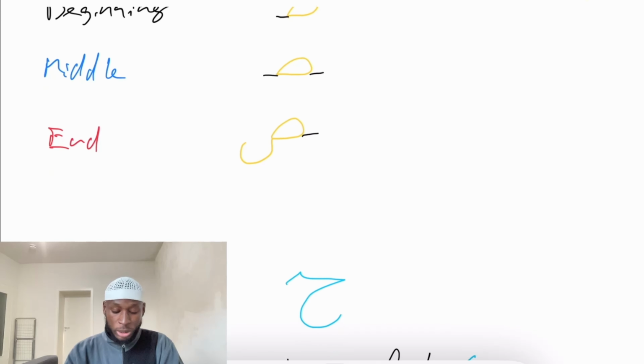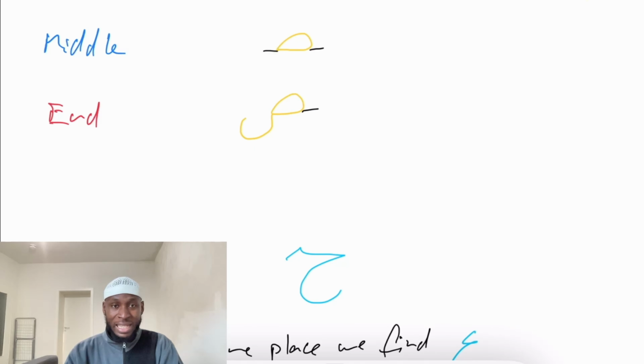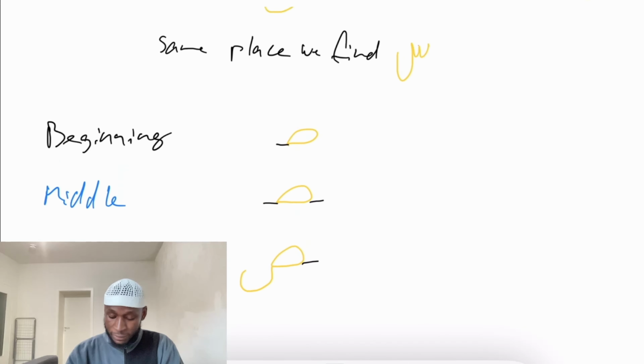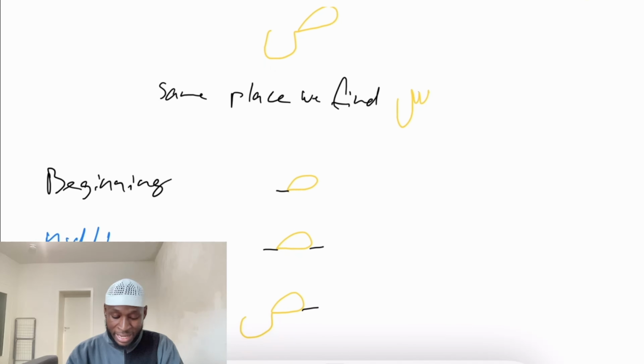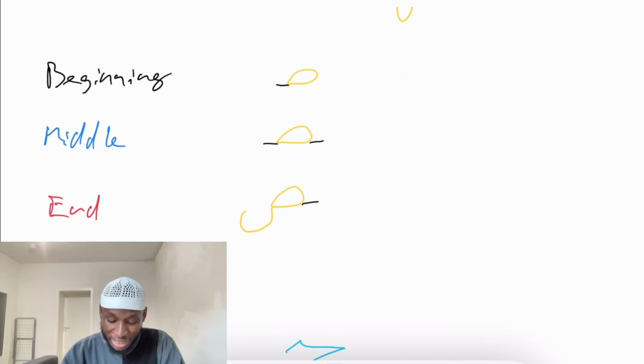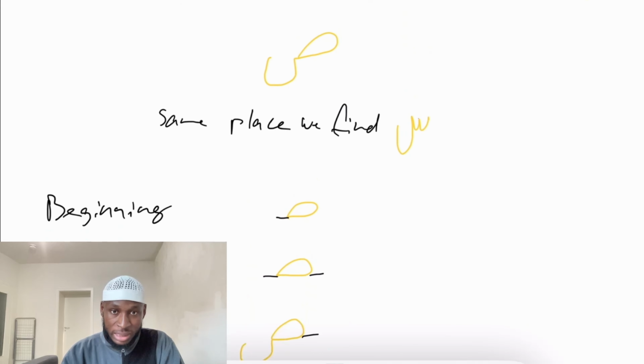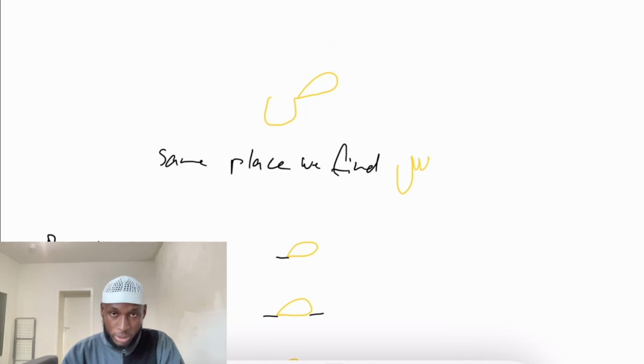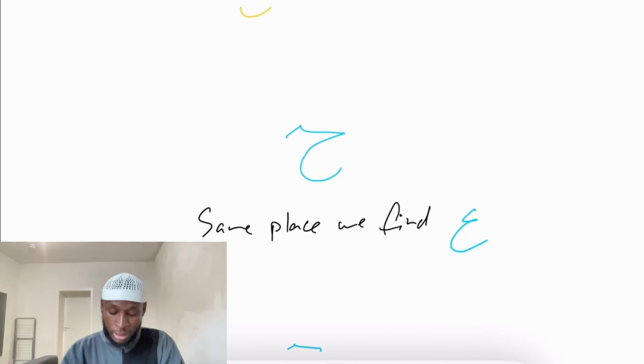Then the closing: when it's the last letter that composes a word, we have the head, and then we also write the leg. Like I told you, the ending shape of a letter is similar to its isolated form. It's always similar to its isolated form.